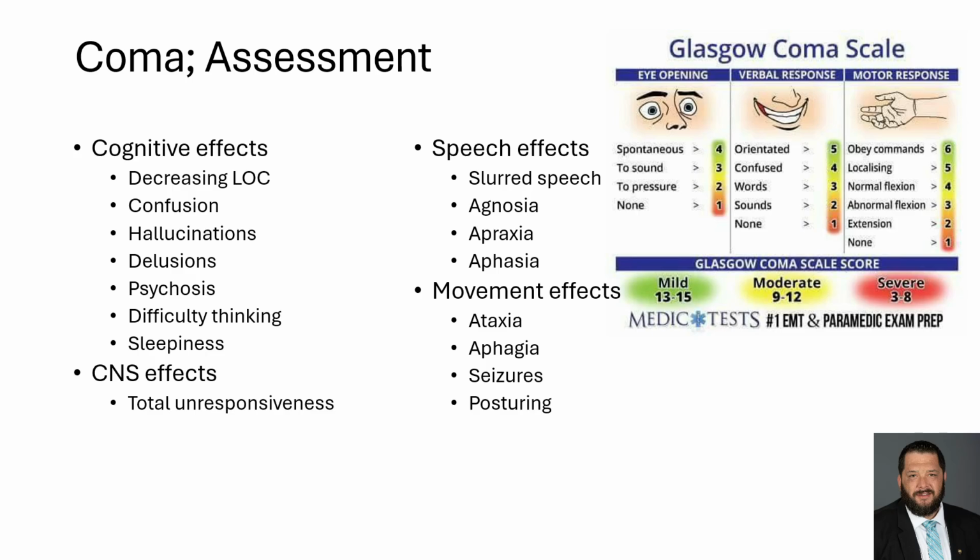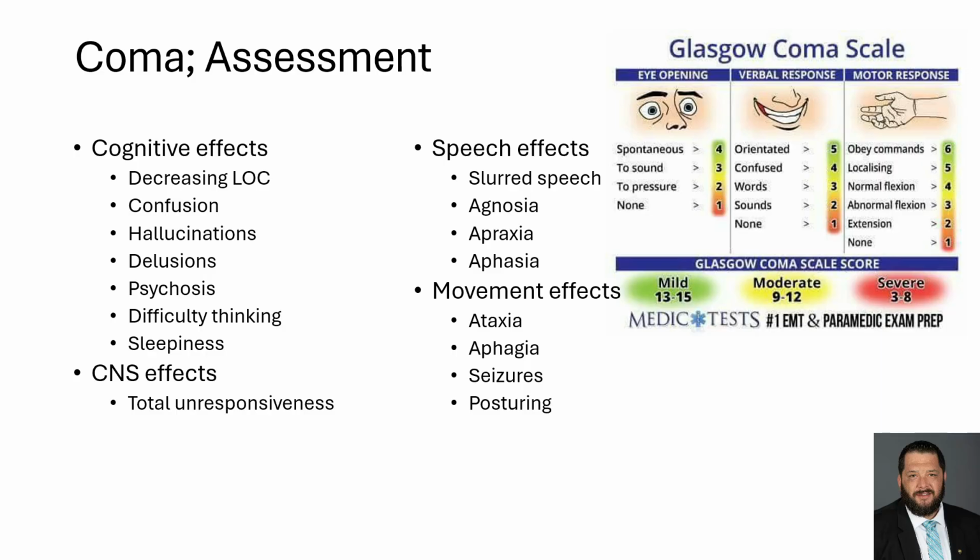If they're able to mutter words, but the words are not the appropriate words, and I don't mean words that are socially inappropriate. I mean, if you ask them to identify a family member and they provide the name of a fruit or a dog or their bed, words that wouldn't make sense under any context, that would get a 3. If they're unable to articulate words but are making sounds, this would be a 2. And if they have no verbal response, they would receive a 1.